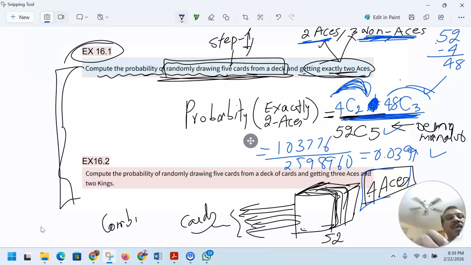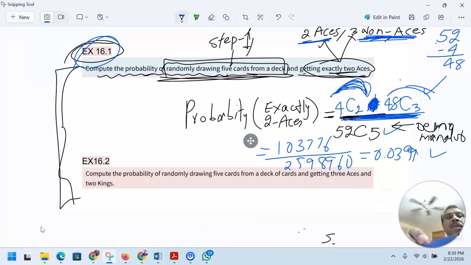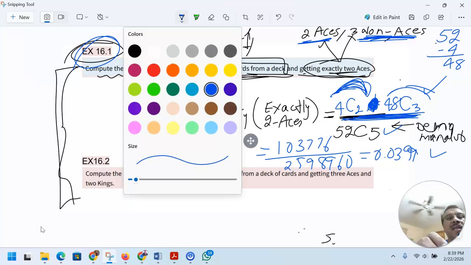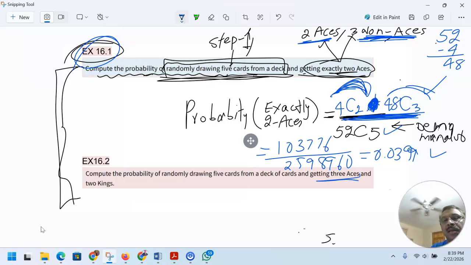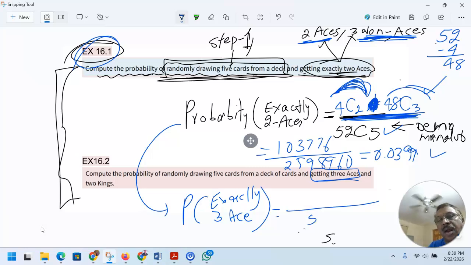Now, what's the difference between 16.1 and the next one is, in the next one they're asking for exactly 3 aces. The probability of exactly 3 aces: the bottom piece stays the same, that means 52 cards and you're picking 5 cards.